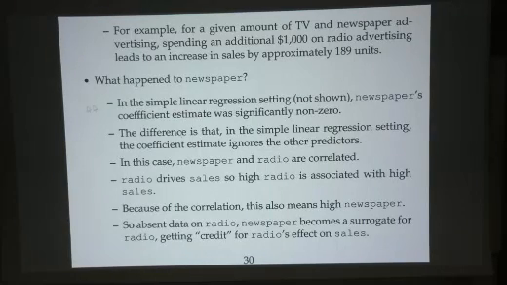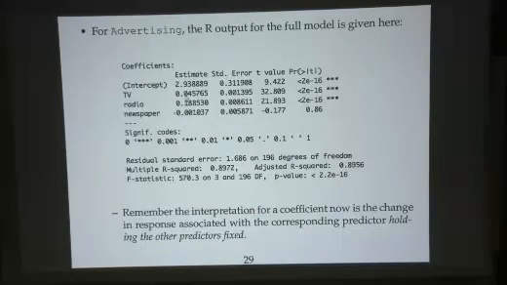If you omit your radio data, the newspaper becomes a surrogate for the radio. The credit that the radio's budget has on the sales is given to the newspaper. When you run a multiple linear regression, the picture is very clear that newspaper is not significant.